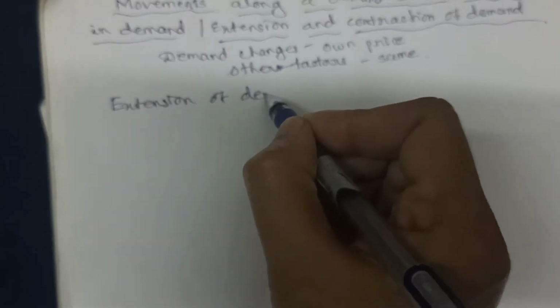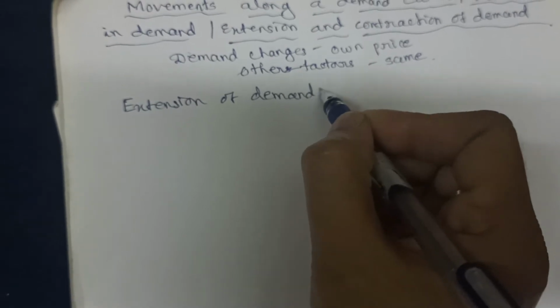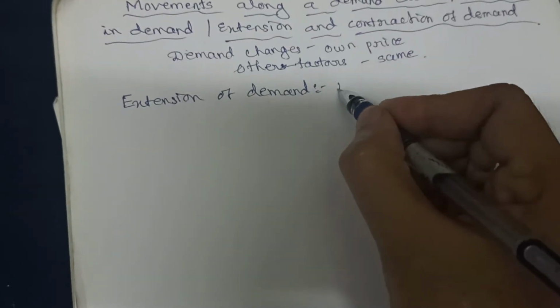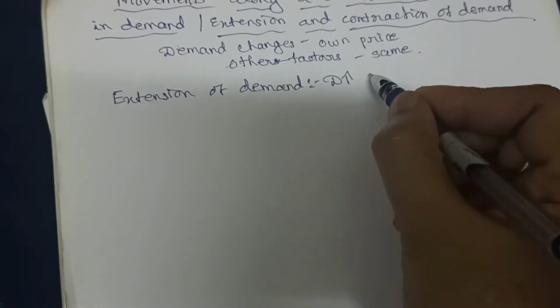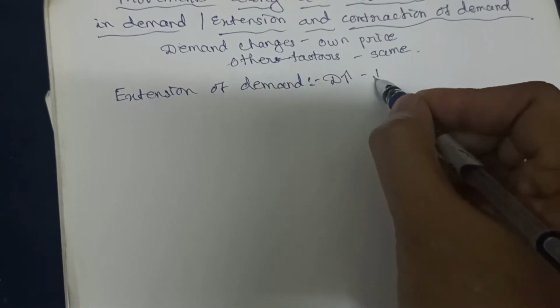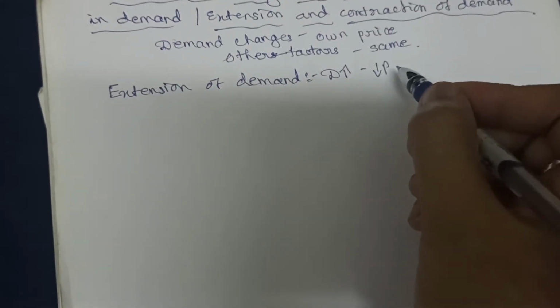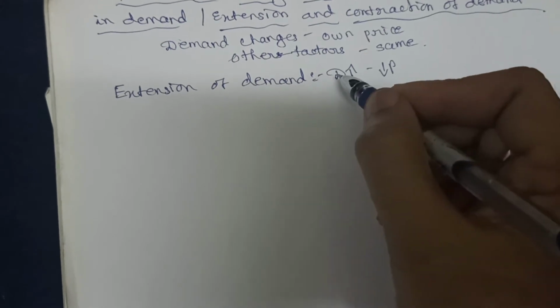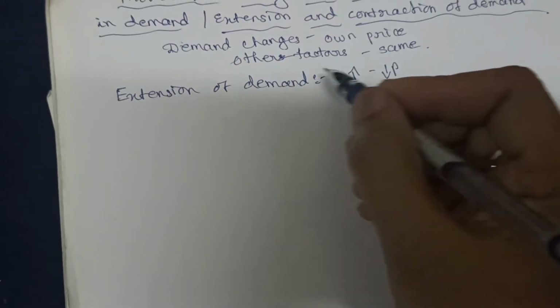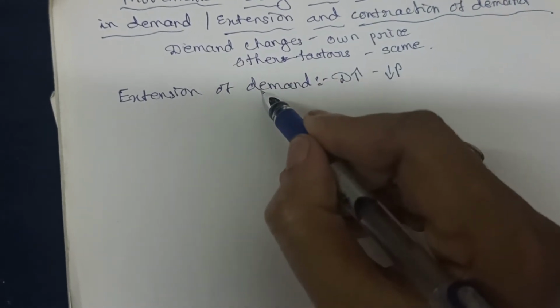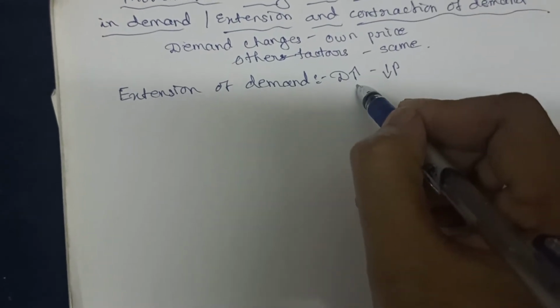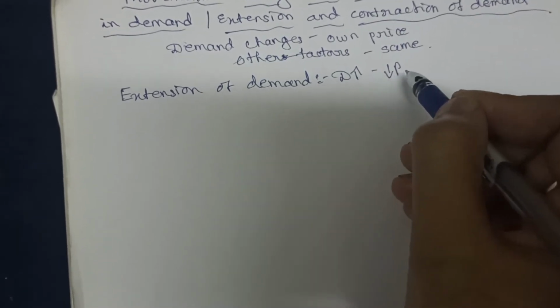What is extension of demand? Extension of demand means the demand rises due to fall in its price. When the price of the product is less, the demand for the product is more, and that is called extension of demand. It means rise in demand due to fall in its price.